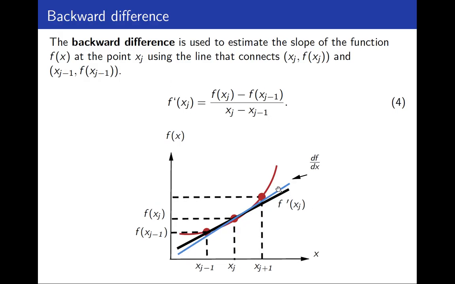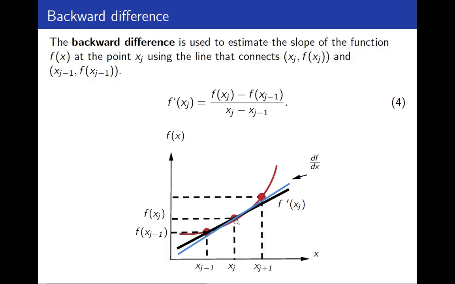Now let's talk about the backward difference. The backward difference is very similar to the forward difference, but instead of using this point to evaluate the derivative, we will be using the point behind x_j, which is x_{j-1}. So here I want to estimate the derivative of f at this point.